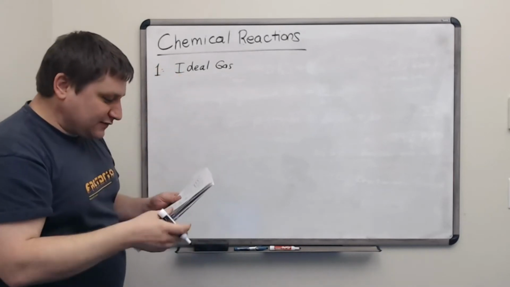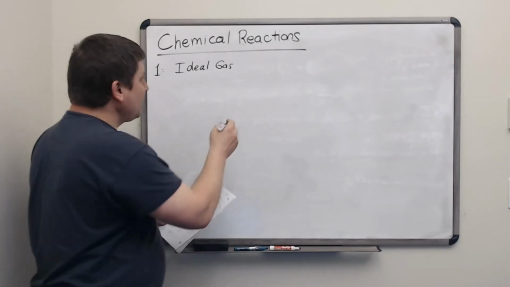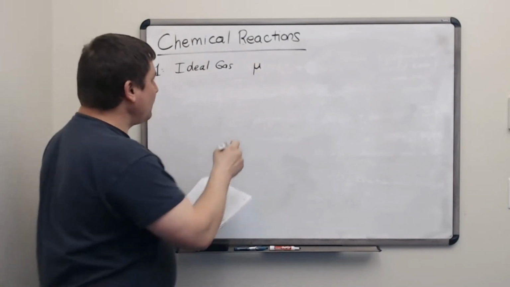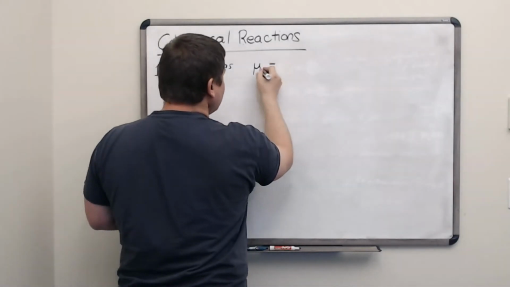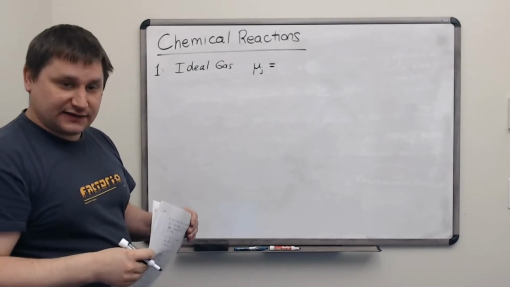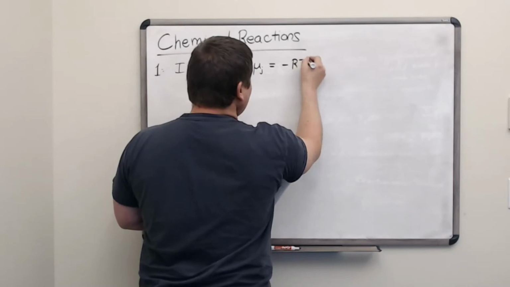So the first case, which we can easily write down, is an ideal gas. An ideal gas doesn't interact at all with anything else. So for its chemical potential, say we have an ideal gas as our jth component in the system, we can just use the chemical potential of that gas by itself.